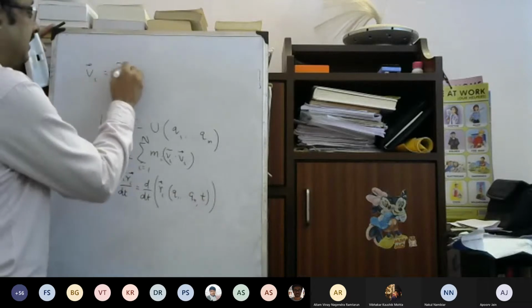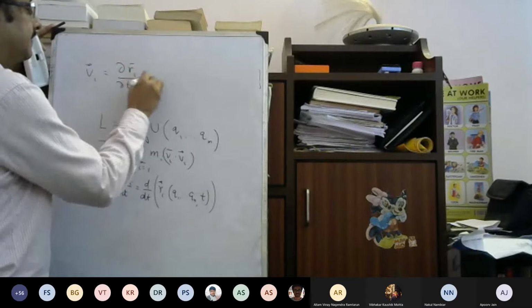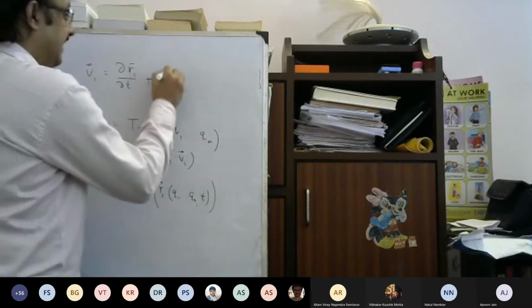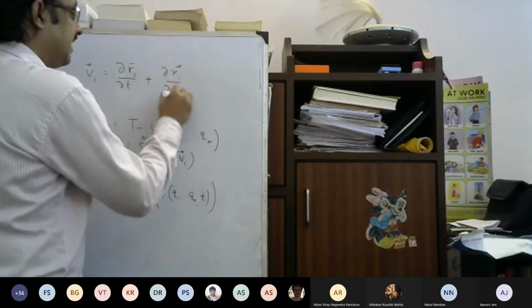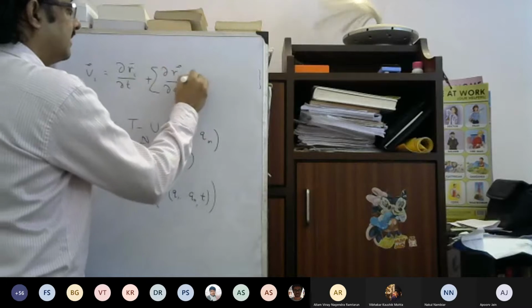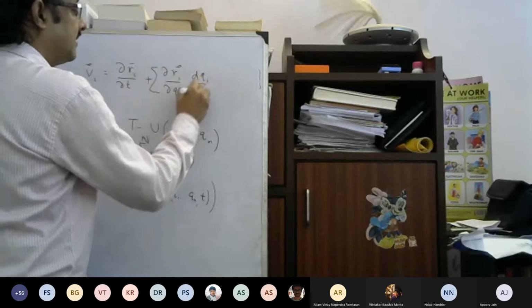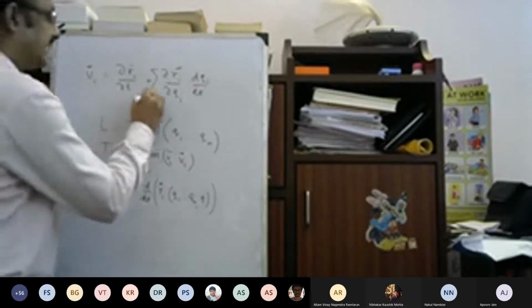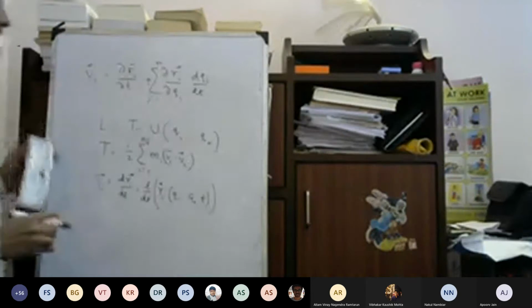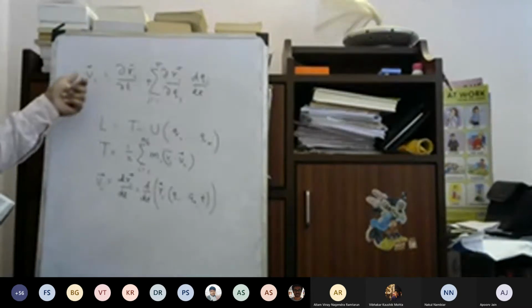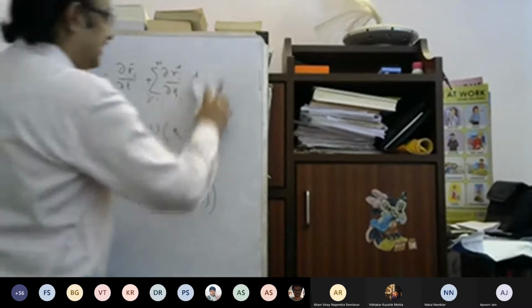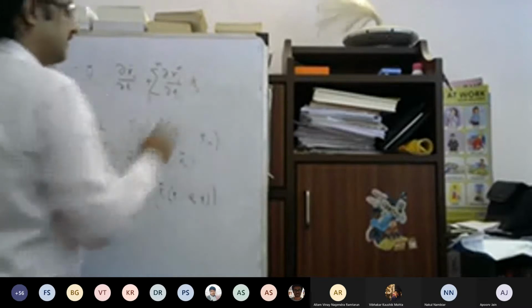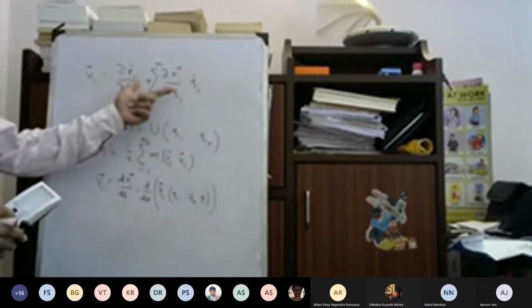Then this becomes dRi/dt equal to the partial derivative with respect to time, plus, by the chain rule, the sum of dRi/dqj times dqj/dt, where j is equal to 1 to n. So this is the expression for the velocity Vi. Now I'll write dqj/dt as qj dot. This is just a notation.